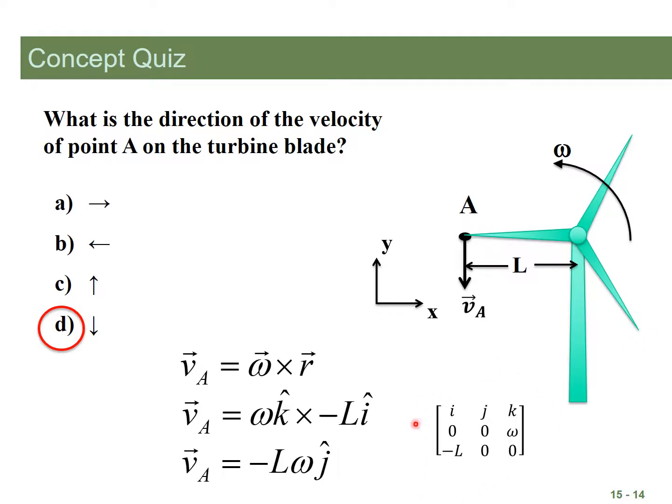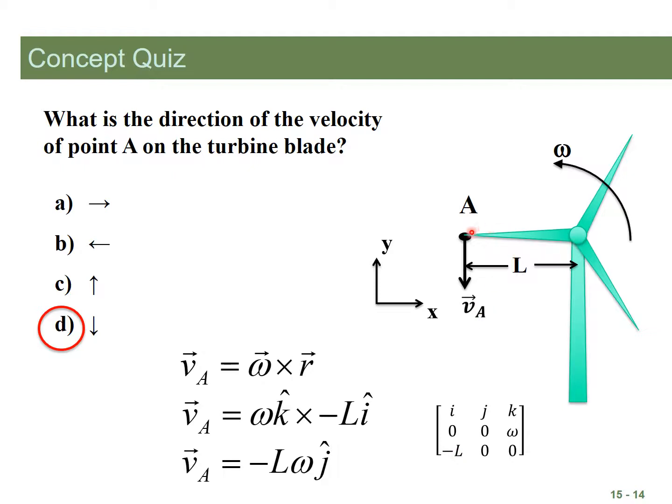Here's the cross product written out. So here's i, which is 0. Here's j. Remember, j goes the opposite direction, so omega cross L ends up being negative. And then here's k, which ends up being 0 too.